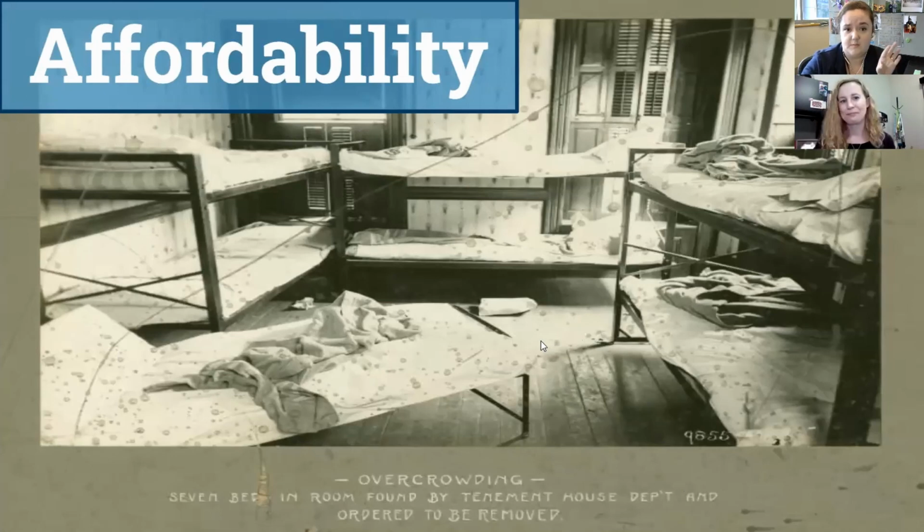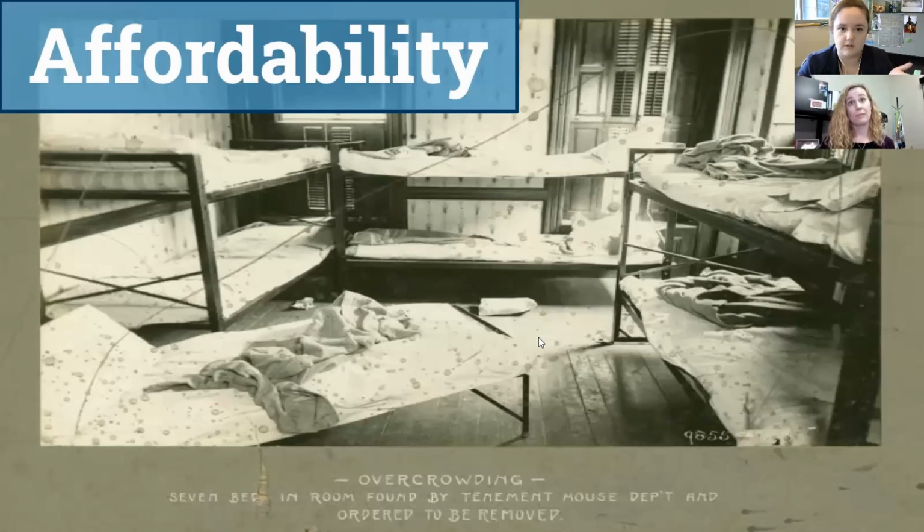This is an extreme situation. In a city like New York, the average apartment size was 325 square feet, three rooms: a kitchen in the middle, a parlor, and a bedroom. Average family size is 4 to 6 people.